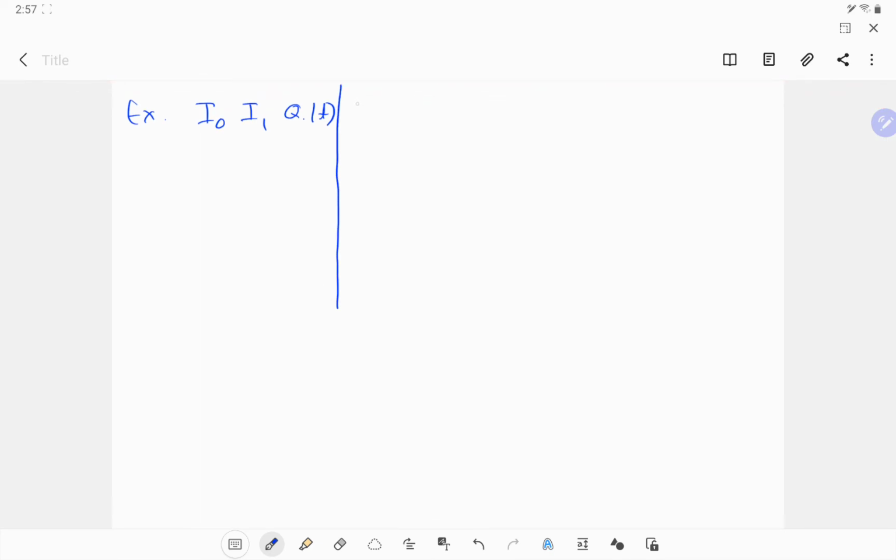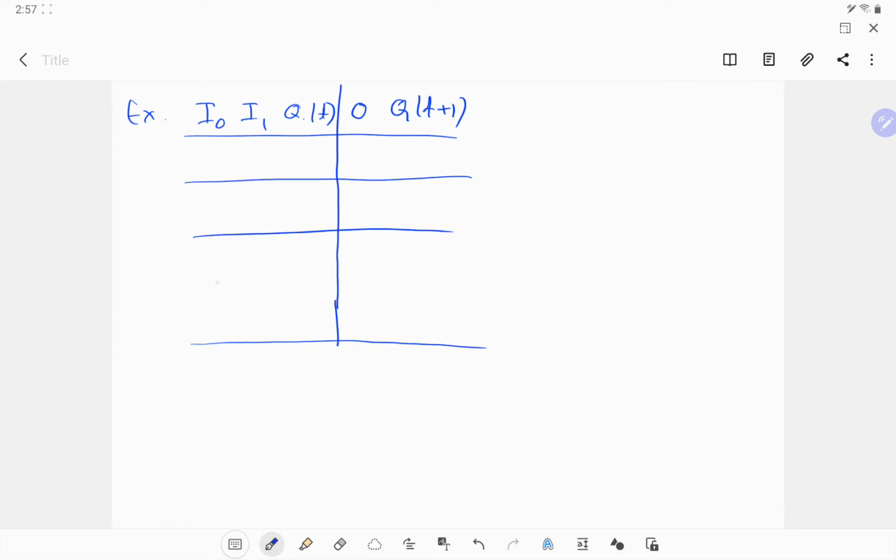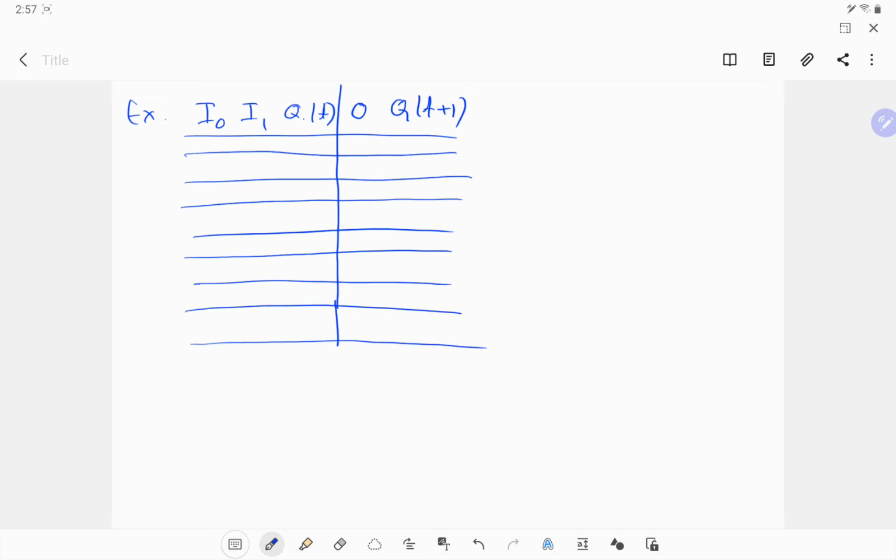And we have one output and also the next state. Now we need to consider the 8 combinations. The state table is given and we would like to design the sequential circuit.